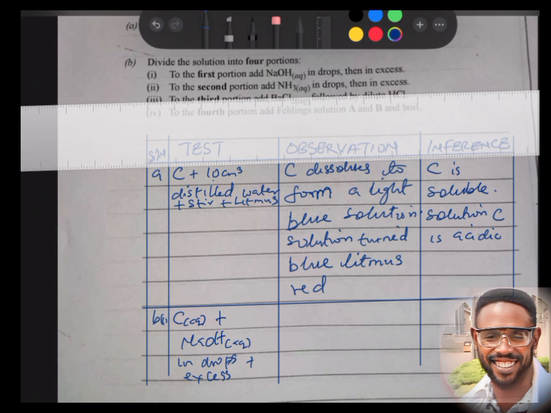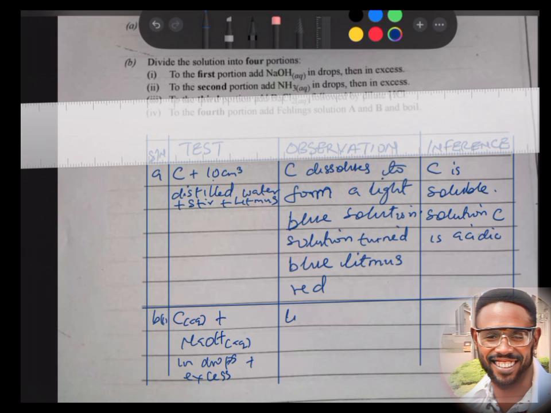Observation: light blue gelatinous precipitate.